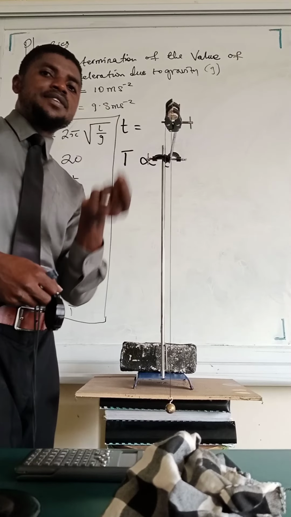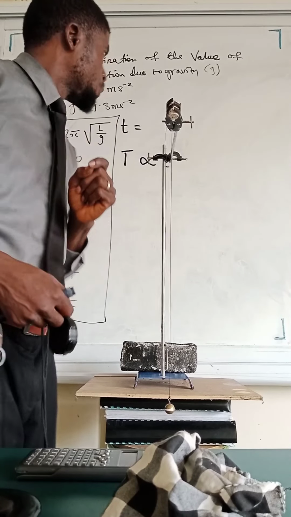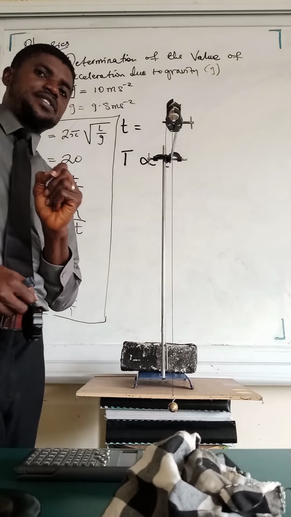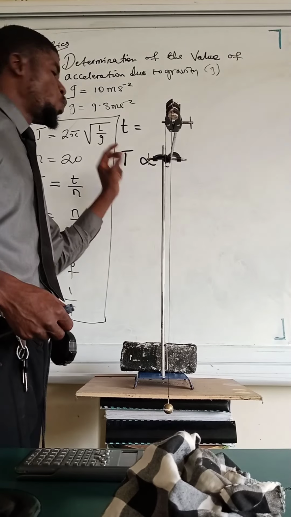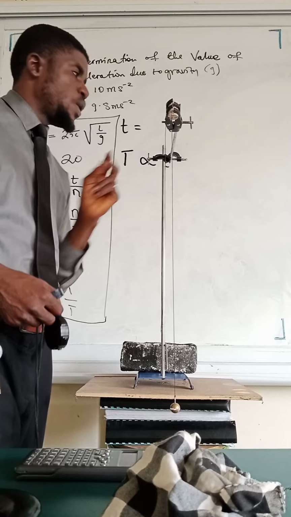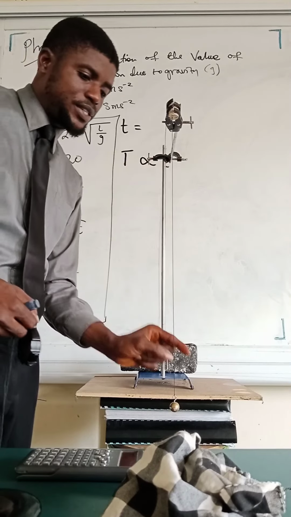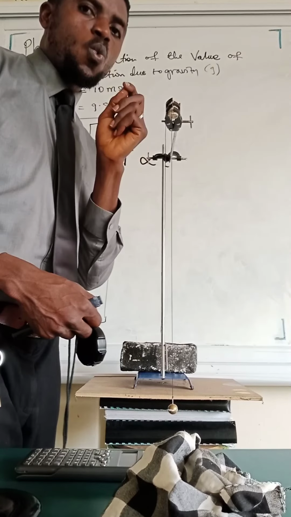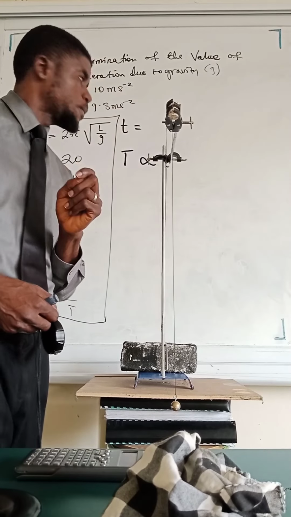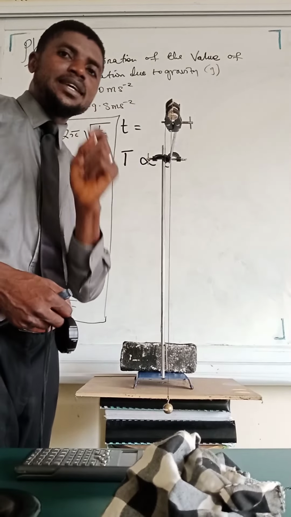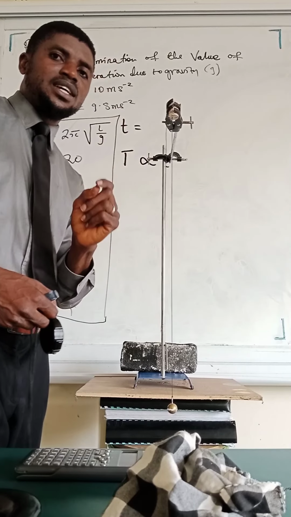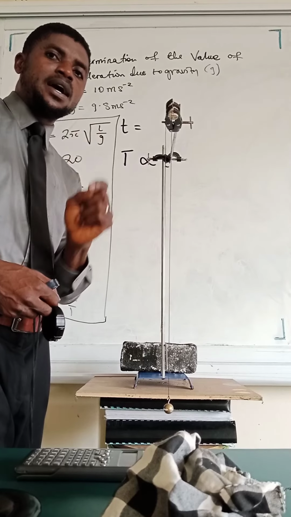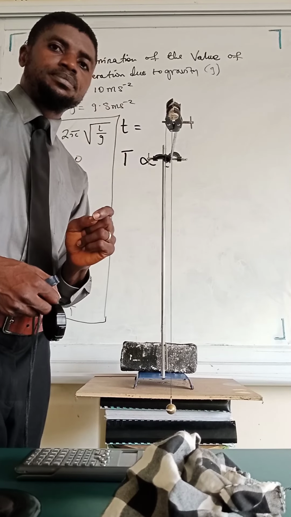They are directly related to each other, meaning when the length of the thread increases, the period T will increase. When the length of the thread increases, the period for one complete oscillation will also increase. We call it an increase trend. Such a trend will give you a straight line graph passing through the origin.